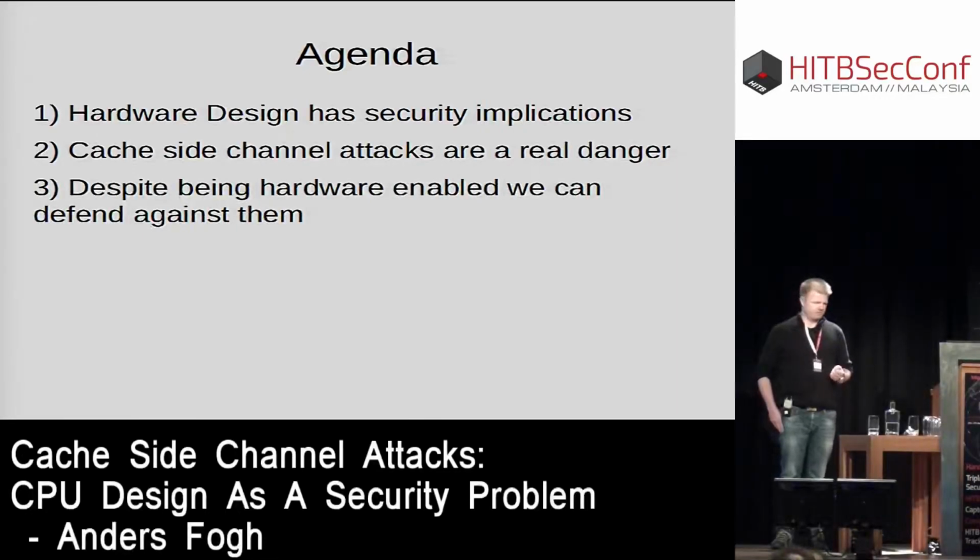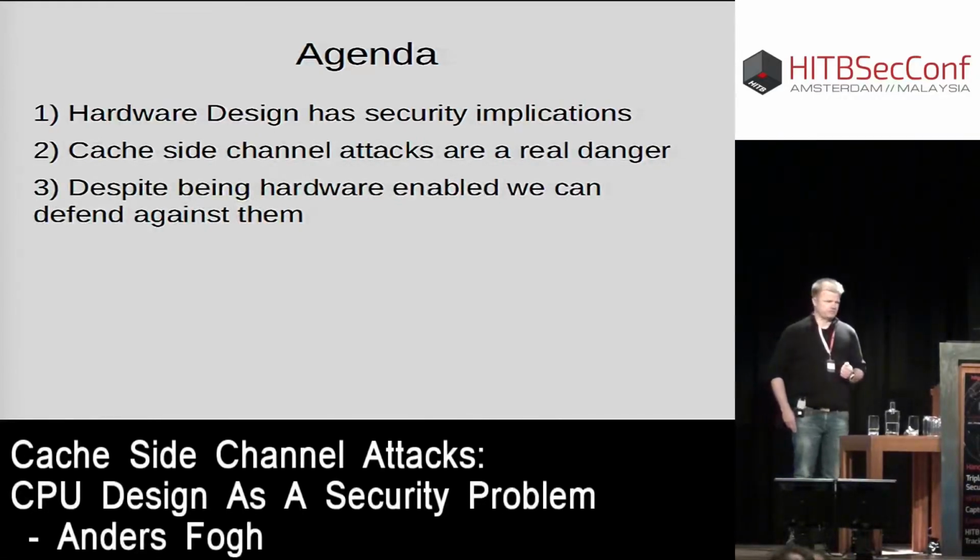But that assumption breaks when the hardware does not do what we think it does. And the second thing is, when I wrote CPU design as a problem, I specifically chose the word design because this is not about bugs. This is about design decisions that are made by implementing the CPU. So that's the first thing I want to get across.